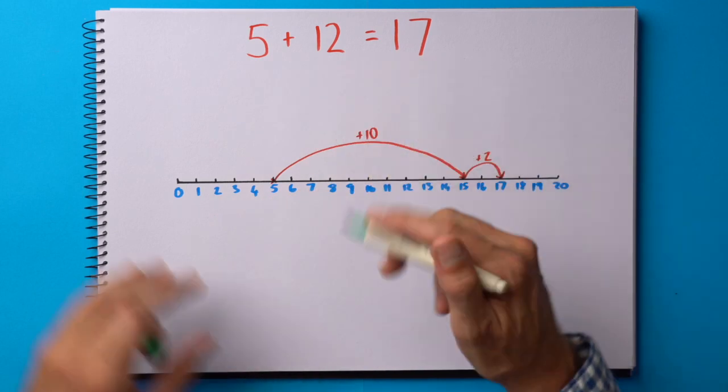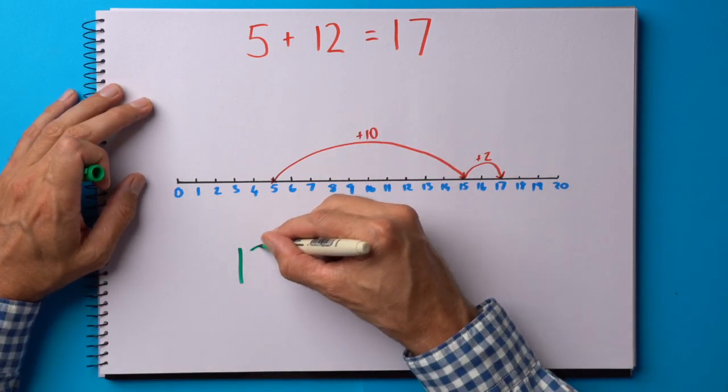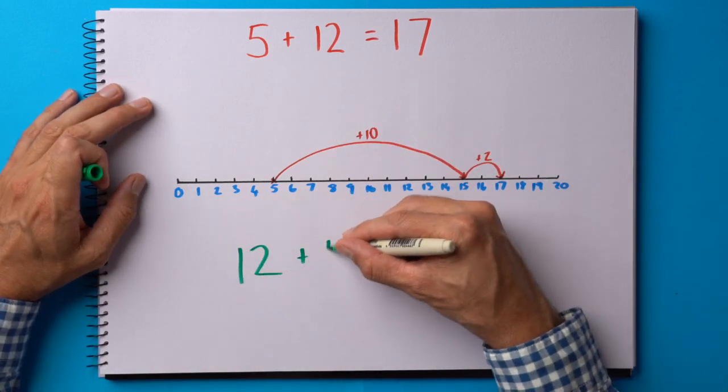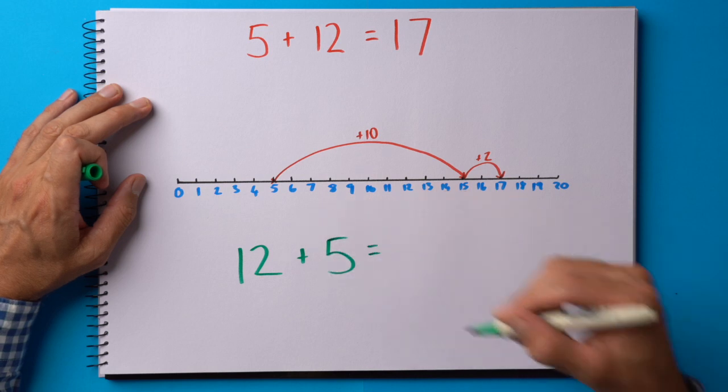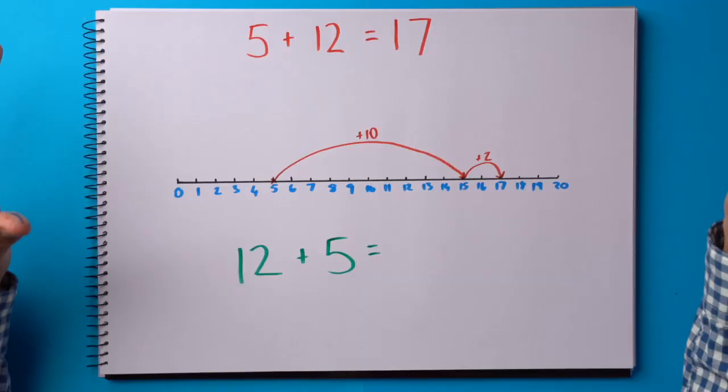Remember, a few videos ago, we talked about starting from the larger number. This would be a good opportunity to show how we could do that differently. We could rewrite our original problem as 12 plus 5 equals. And we'll get to the same answer, but in a different way.